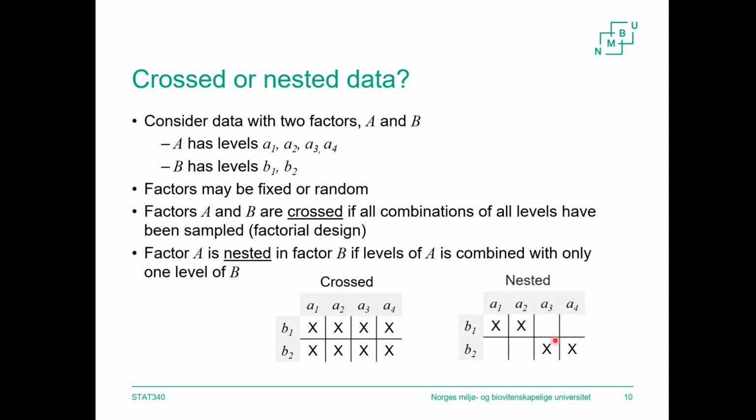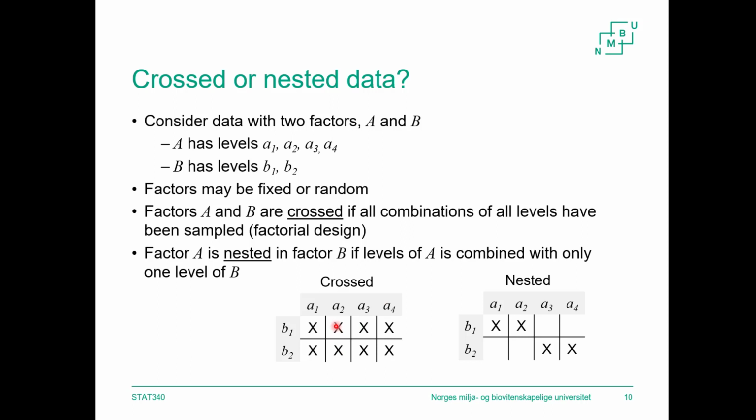Here is an example of a nested data set, and here A is nested in B, right? Because these two levels of A are only seen with one level of B, while these two levels of A are only seen with another level of B. So this is exactly what's in this second definition here.